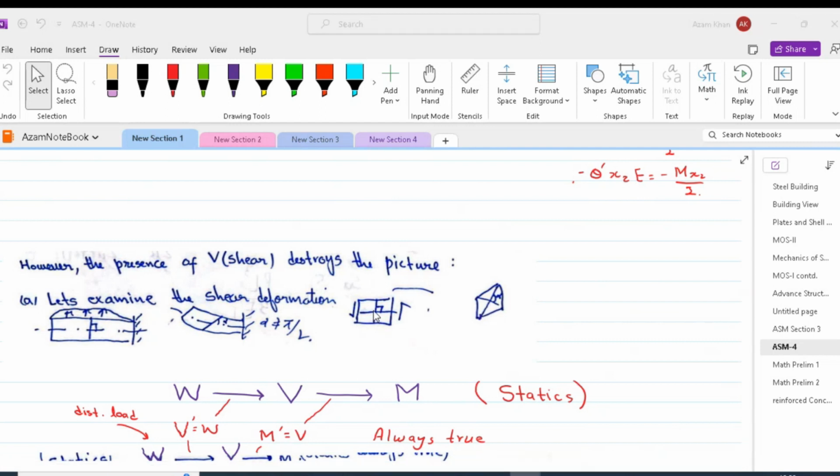Thus, before application of the load, the vertical axis was orthogonal to the neutral axis; after deformation, this orthogonality is disturbed due to shear deformation, and we have the vertical axis oriented at some angle alpha with respect to the neutral axis. That's shown over here also.